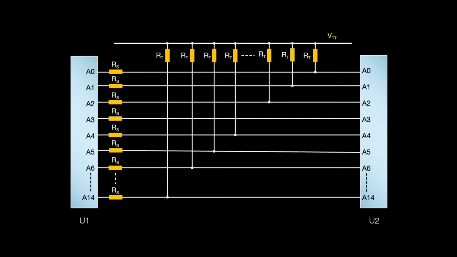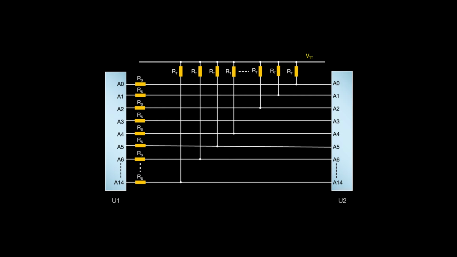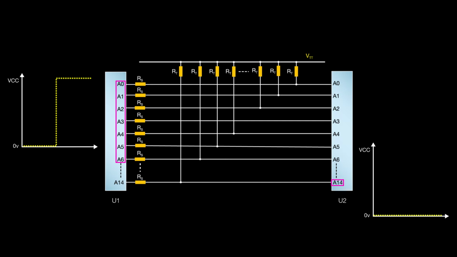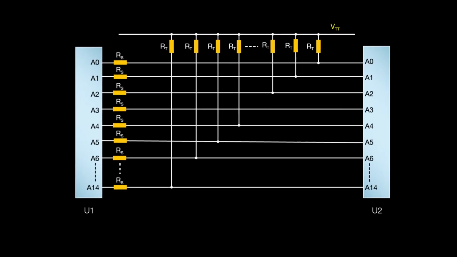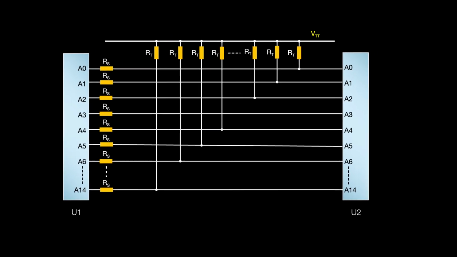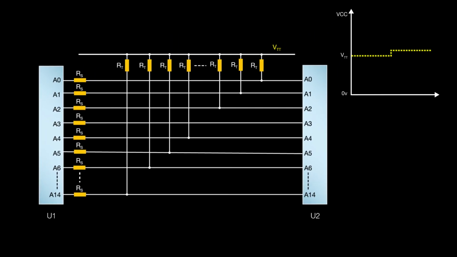But it's not only noise that can lead to problems if the termination voltage net isn't correctly categorised. The interconnect test will often drive a large percentage of the device's pins to the same level simultaneously, and then read one of its other pins to check for short circuits. In designs like this, where many of the pins have termination resistors connected to the same supply, these simultaneous transitions can cause VTT to shift slightly.